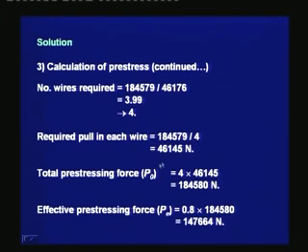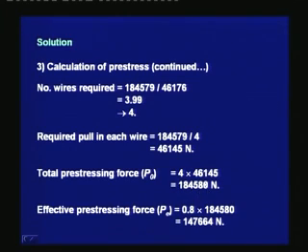300 millimeters. Required pull in each wire is given as the total prestressing force P0 divided by 4, and thus the total prestressing force is P0 equal to 4 times 46145, which is 184580 newtons.